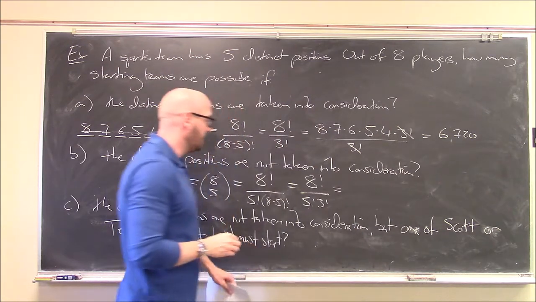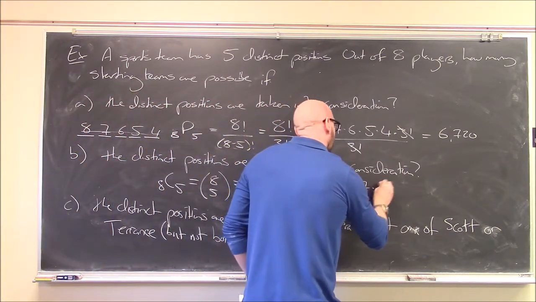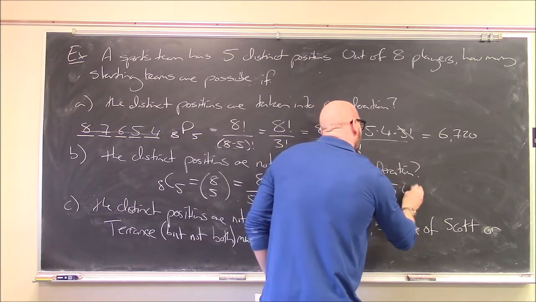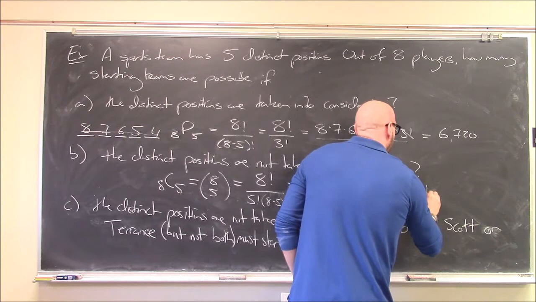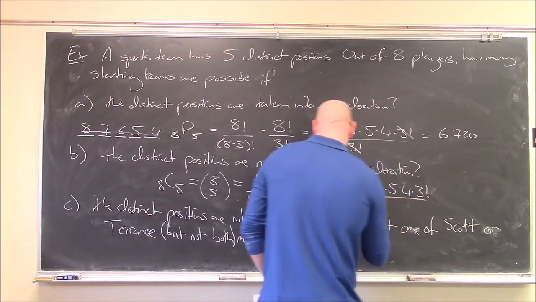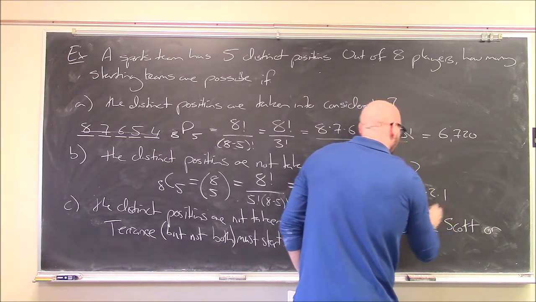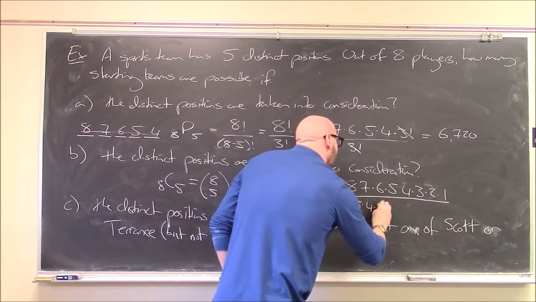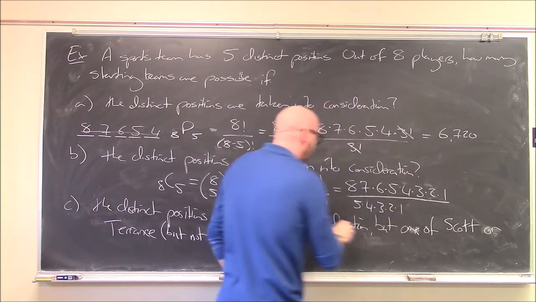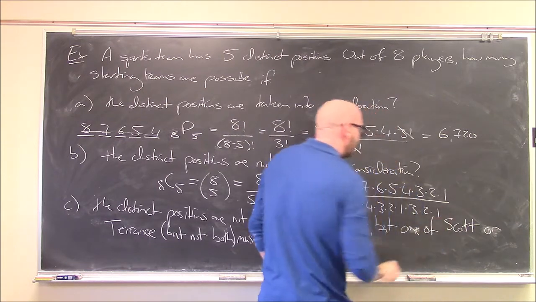This one you don't need a calculator, you can do this by hand. So this is 8 times 7 times 6 times 5 times 4 times 3, 3 factorial. I don't know, there's really no point stopping there, let's just keep going. 3 times 2 times 1 over, and we'll just expand the whole bottom. 5 times 4 times 3 times 2 times 1, it's 5 factorial. 3 factorial is times 3 times 2 times 1.